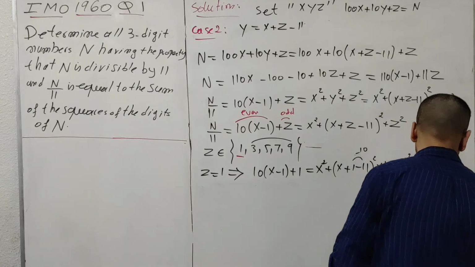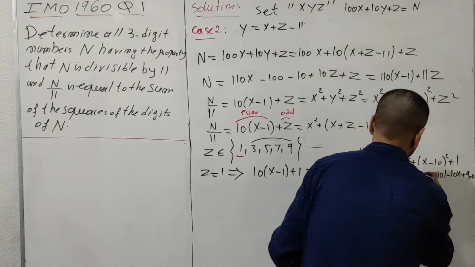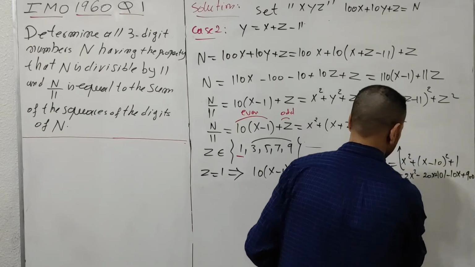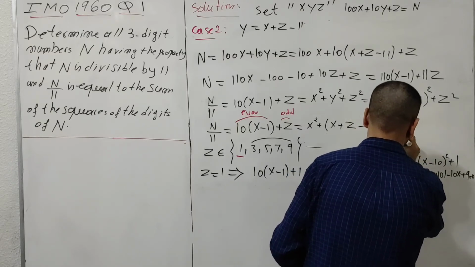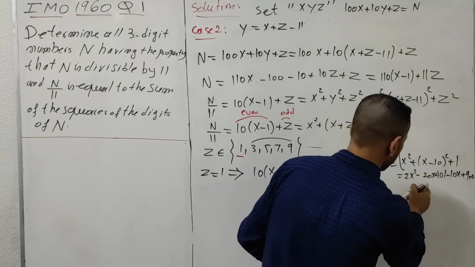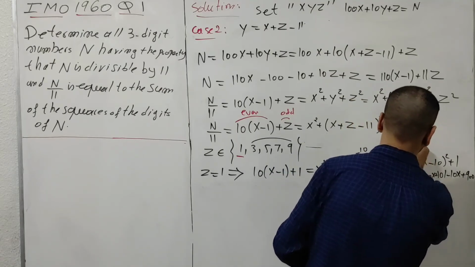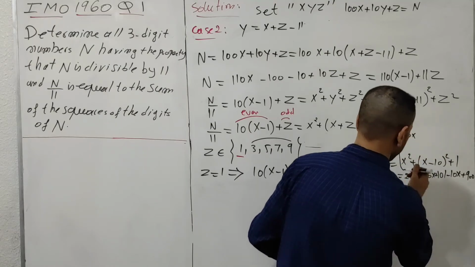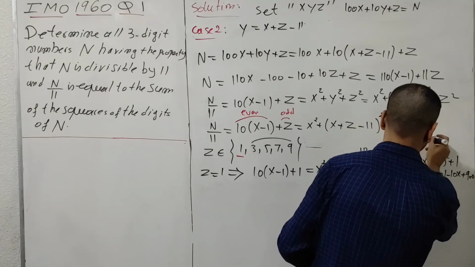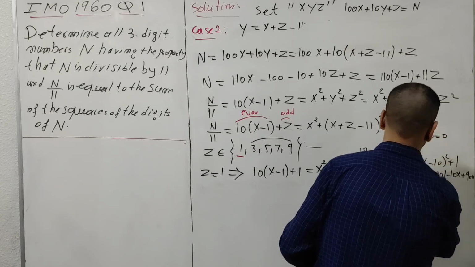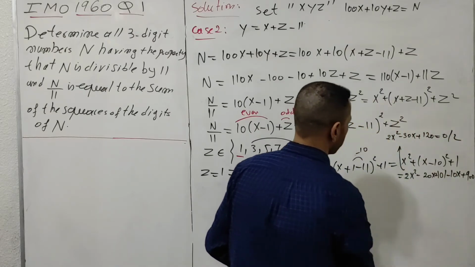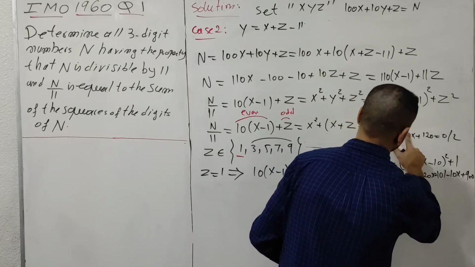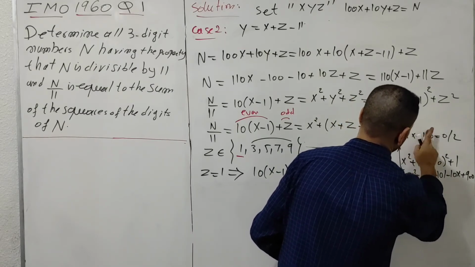So this gives us 2x squared minus 20x minus 10x, which is minus 30x, plus 1 plus 9 plus 110, which is 120, equal to 0. By dividing both sides by 2, I will get x squared minus 15x plus 60.